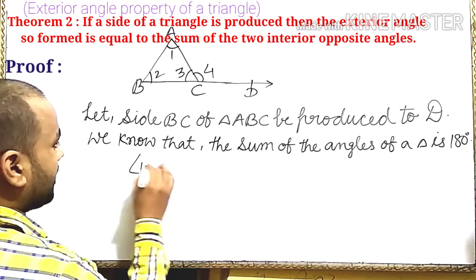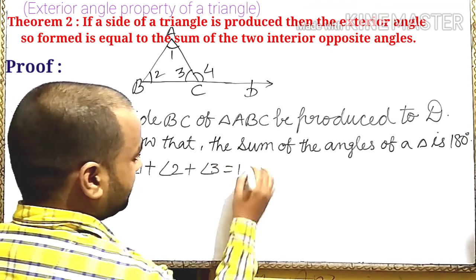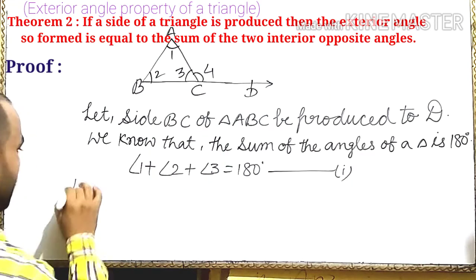So here angle 1 plus 2 plus 3 is equal to 180 degrees. This is equation first. But BD is a line.